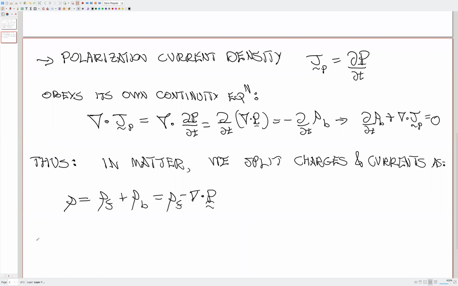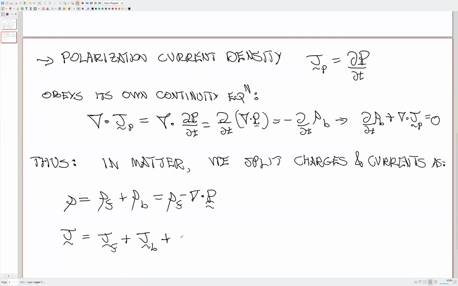Okay, for the currents, we're going to split it into three pieces. There's going to be the free current density. Again, that's the stuff that you bring in as an experimentalist onto your system. And then there's going to be the bound current that comes from the magnetization.